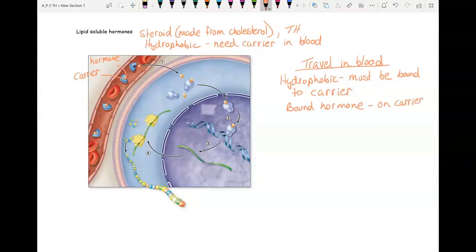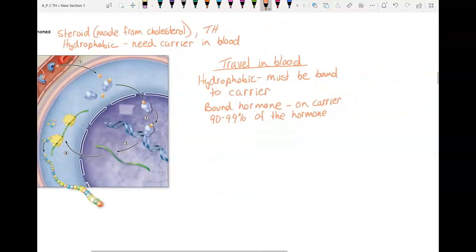The carrier is essentially protecting it from touching the water in the blood. At any given time, 90 to 99% of the hormone is bound. So while it's bound, it is protected, but it can't interact with target cells.